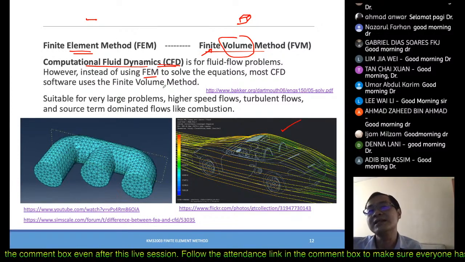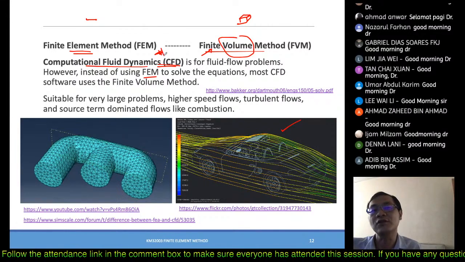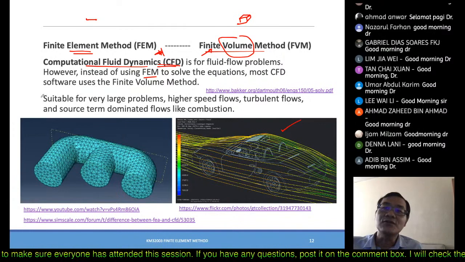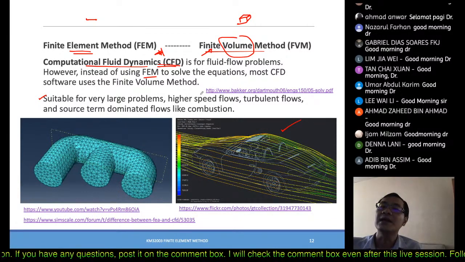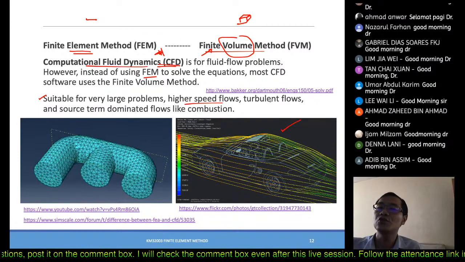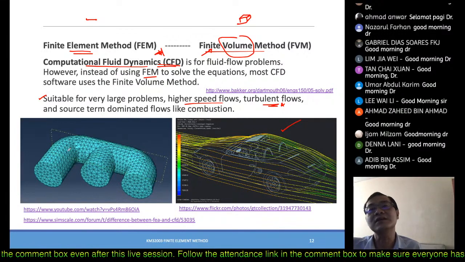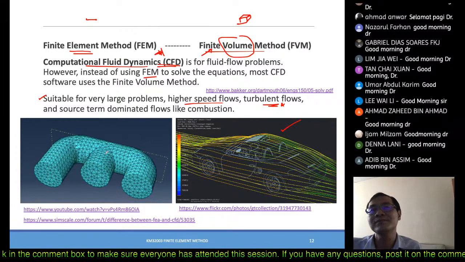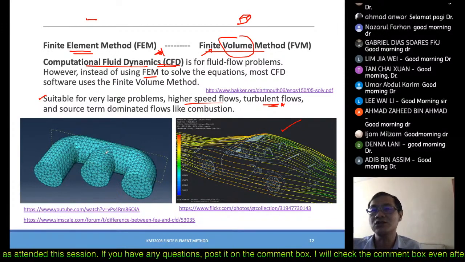It doesn't mean we cannot use FEM to solve fluid flow, but there are limitations. If we use FEM, it is suitable for large problems. When we involve high speed flow or turbulent flow, this is very important: we cannot solve turbulent flow in FEM. Remember the previous derivations, we assume the flow is only translational, not rotational.